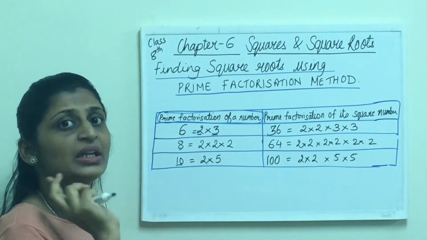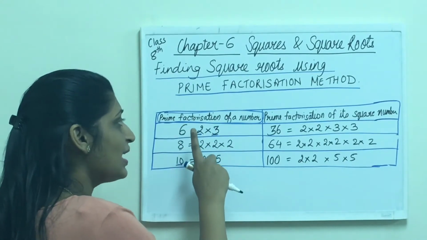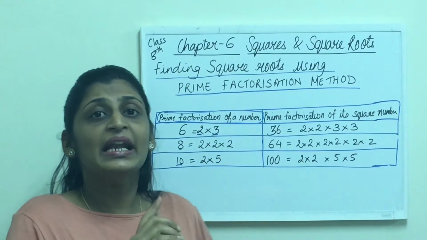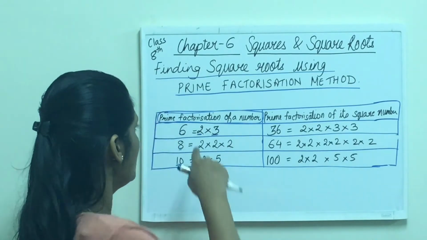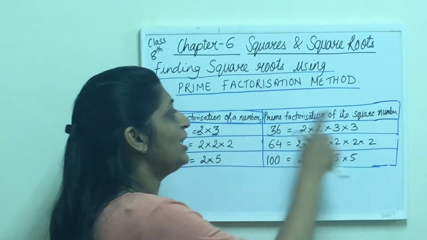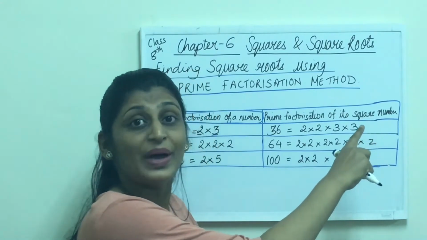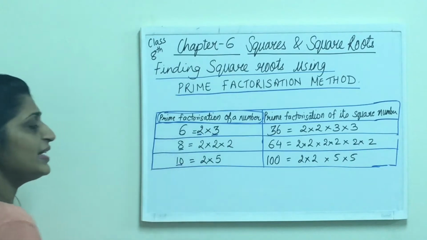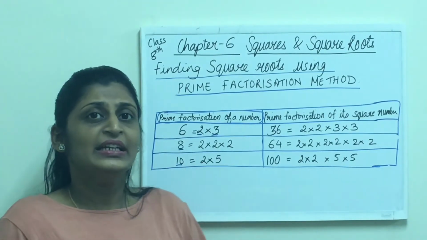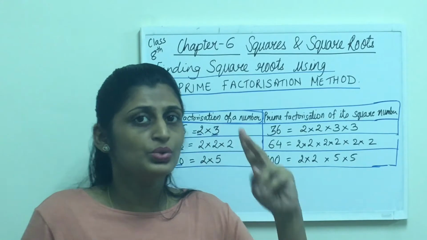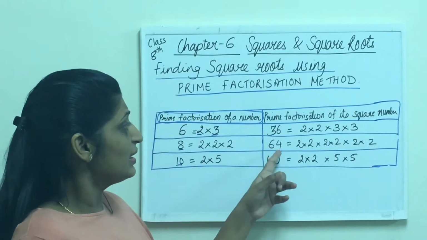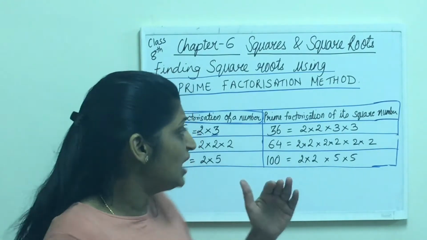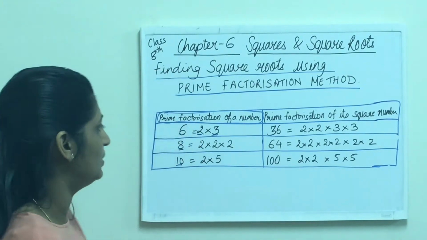And how many 3s? 1. Whereas in the prime factorization of 36, you will find that their number is twice. That is, 2 has come 2 times and 3 has come 2 times. Similarly, the prime factorization of 8 contains three 2s, whereas the prime factorization of 64 contains six 2s, just double.